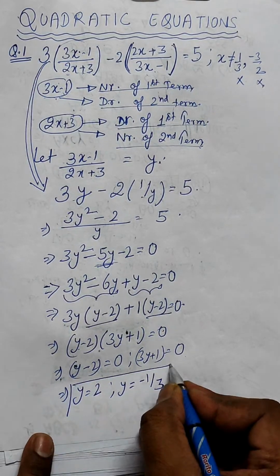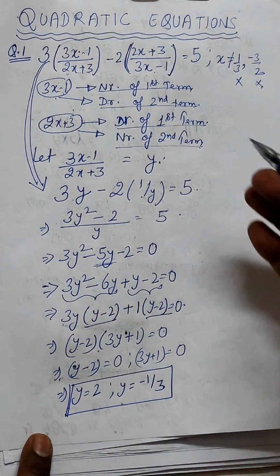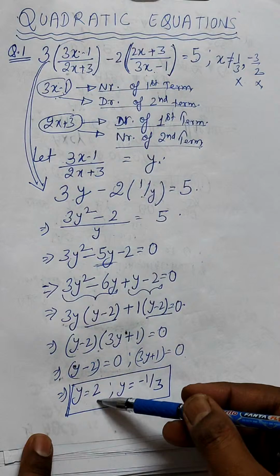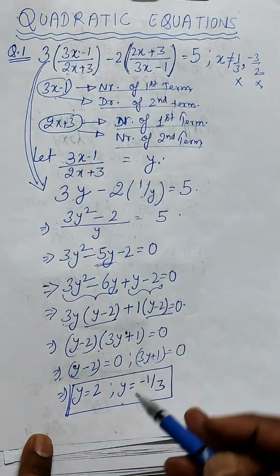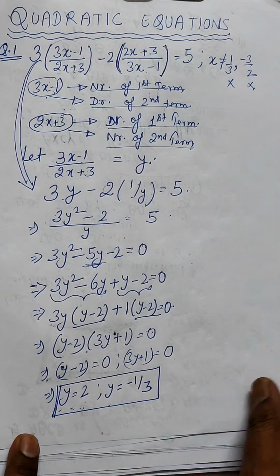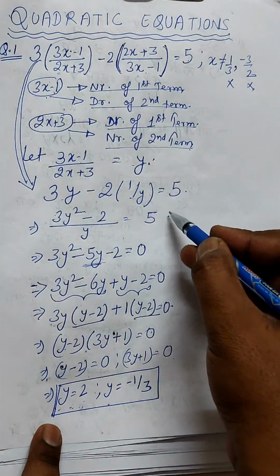So these are the two values which are calculated, but we have not derived the value of x, right? This is the value of y, mind it. Now you need to put the value of y over here in this equation, right?